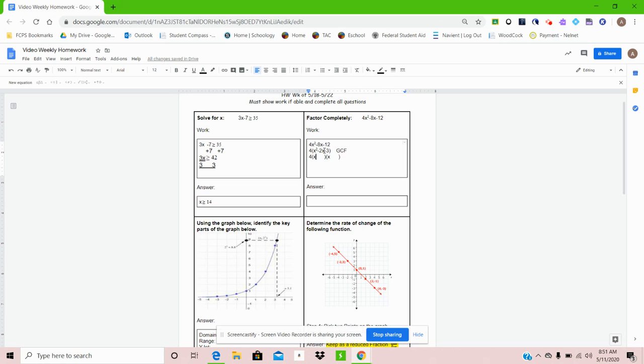So in this case, I need two numbers that multiply to -3 but add to -2. Those two numbers would be -3 and +1, because -3 times 1 gives me -3, and -3 plus 1 gives me -2. So my final answer would be 4 times x minus 3, times x plus 1. And that is in factored form.